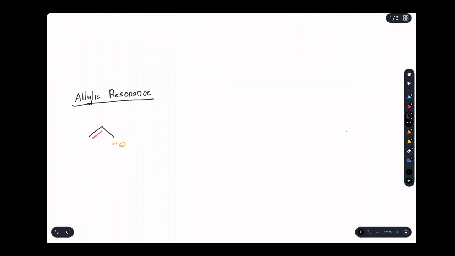So allylic, to remind, means that we're going to be one away from an alkene, as we see here. This lone pair, this negative charged carbon, is one away from an alkene. Now, previously what we would have done for a positive charge was use a bond-to-bond arrow like this. The problem here is if we draw in the hydrogens, we can see that this original carbon with the lone pair was full.